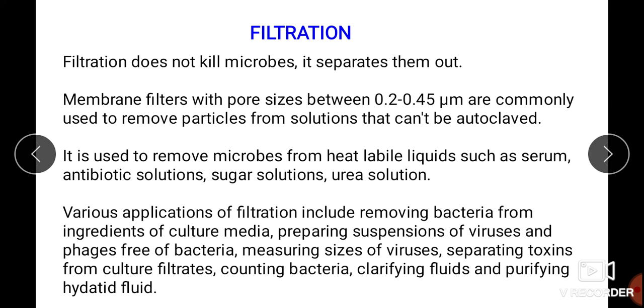Heat sensitive or liquid material can be sterilized by filtration. Heat labile liquids such as serum, antibiotic solution, sugar solution, vitamin solution and urea solution are sterilized by the filtration process.